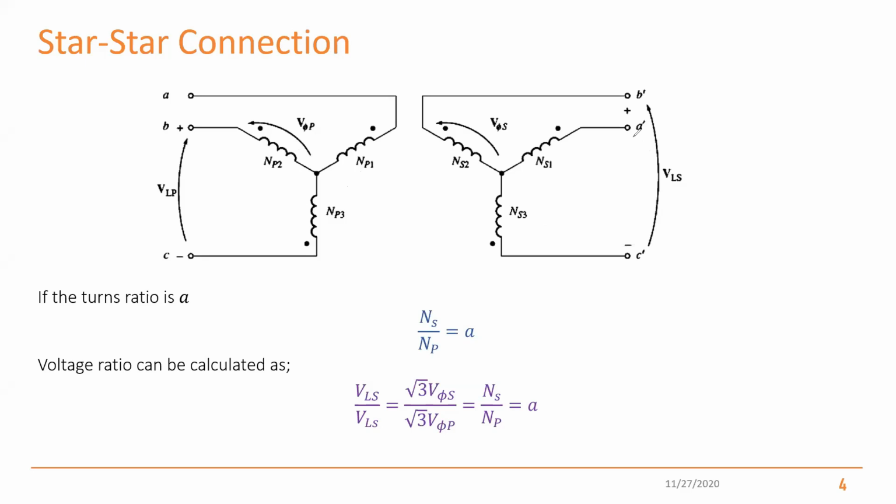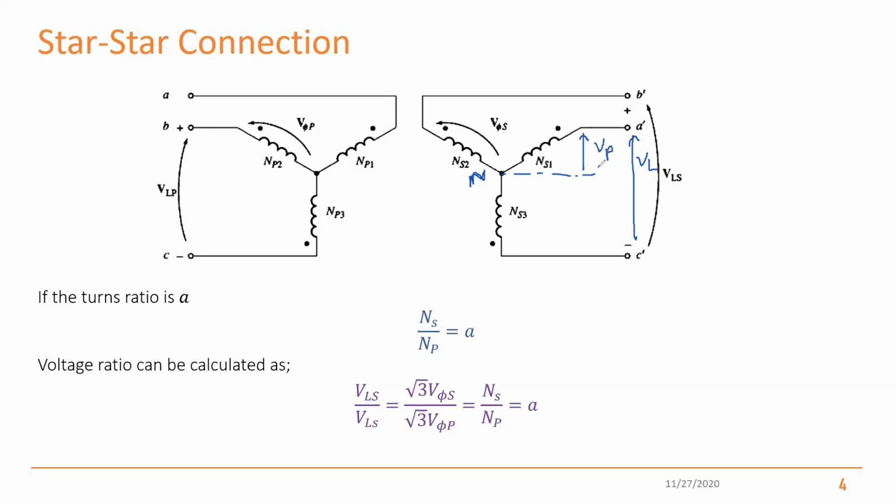If you take the voltage between these two points, that is the line-to-line voltage, VLL. This is the neutral point. Usually if our load and our supply are balanced, then the voltages balance, and hence this is the phase voltage.